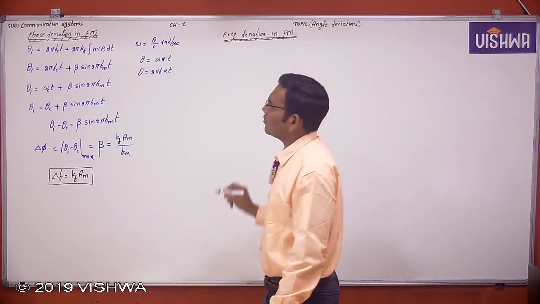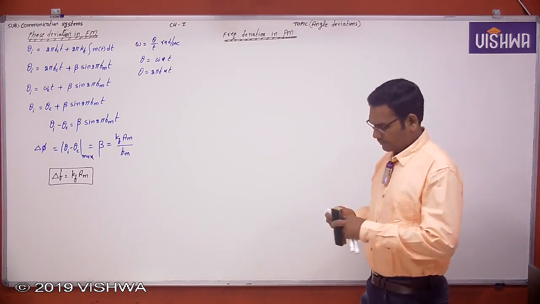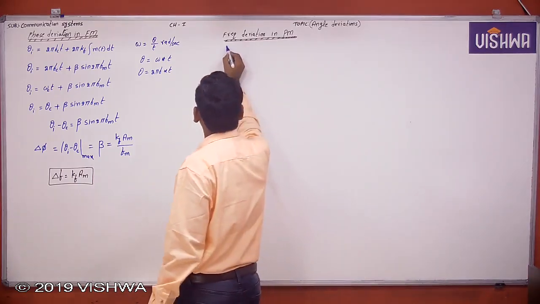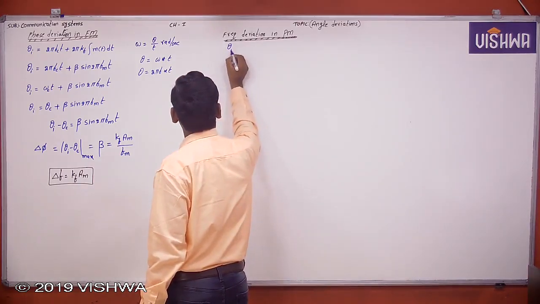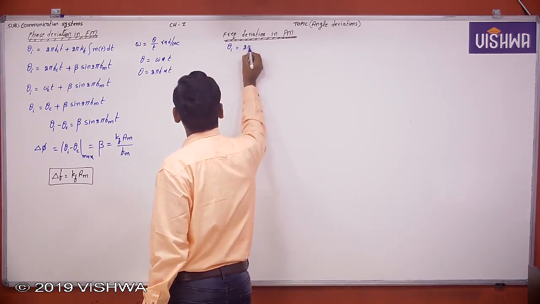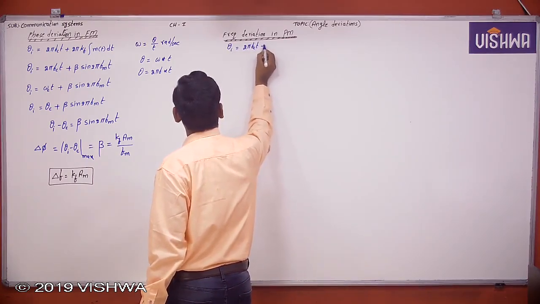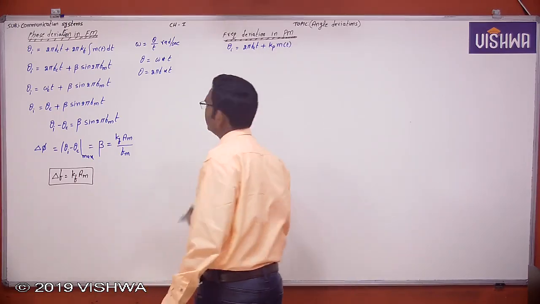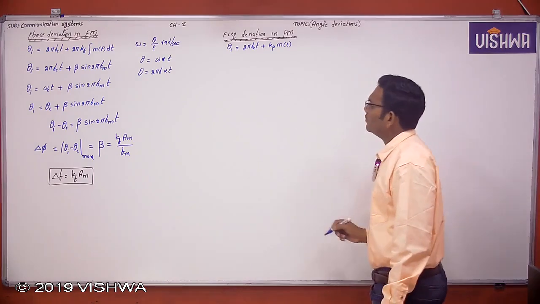Okay, just concentrate. So, what is the angle or argument in phase modulation? Theta i is equal to 2 pi fc t plus kp into m of t. Is it right or no?